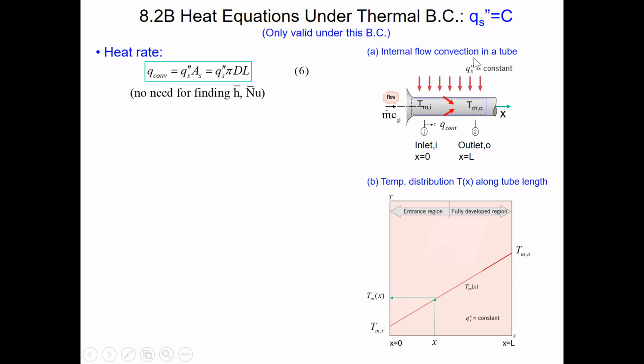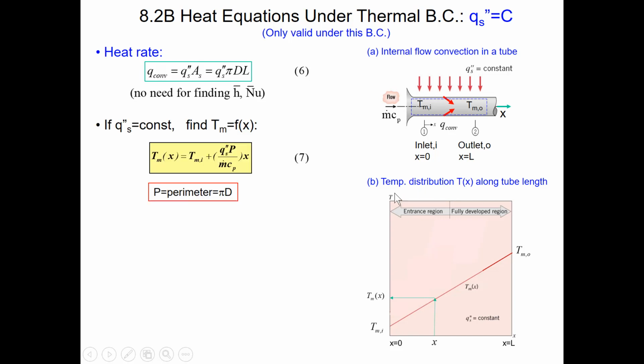Since heat flux is constant, the convection heat rate can be calculated directly from the heat flux and the surface area pi d L. As a result, there's no need for us to find the average heat transfer coefficient for the convection heat rate.